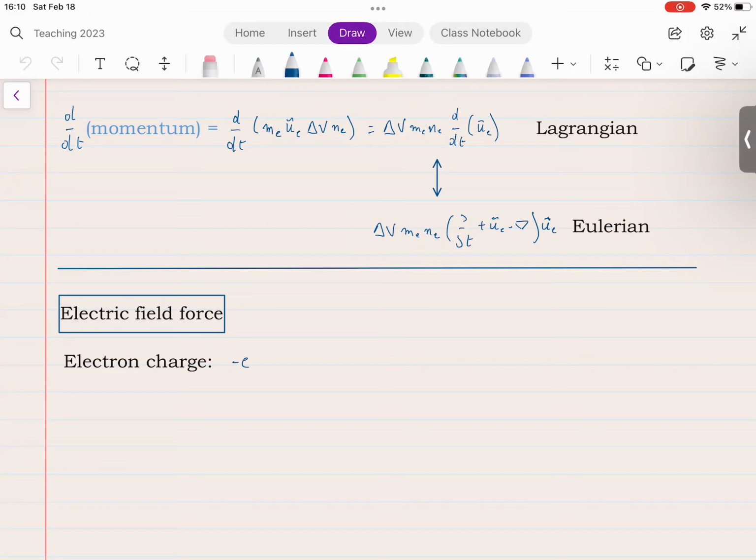Then the total charge in my fluid element is going to be the charge of a single electron times the number of electrons. That is, let me call it Q_e, is going to be equal to minus e times big N_e.